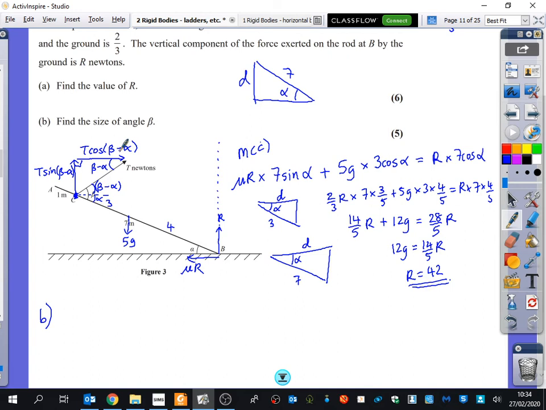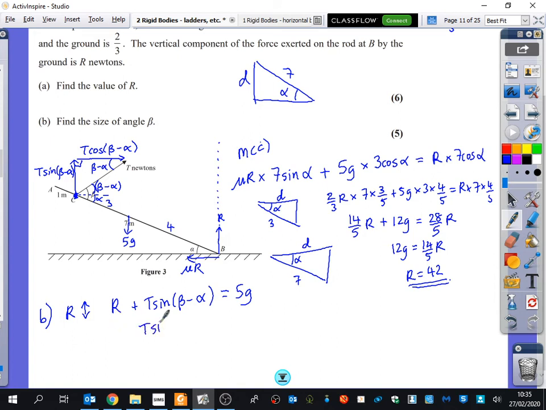Now, when we do the resolving, if we resolve in the up and down direction, we can see that R, this one here, plus T sine beta minus alpha equals 5g. Now, we know that R is 42.